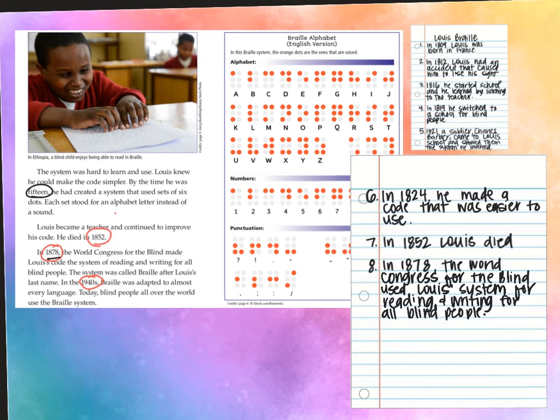And then in the 1940s, for our 9th and last event, it says in the 1940s, Braille was adapted into almost every language so that everybody all around the world could use the Braille system.